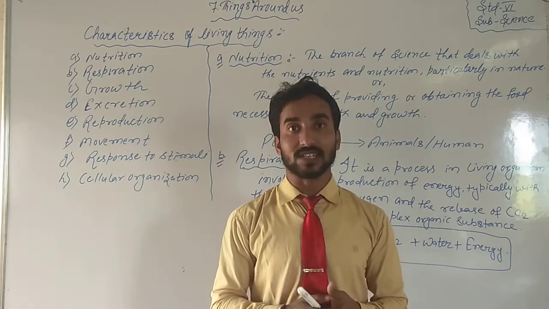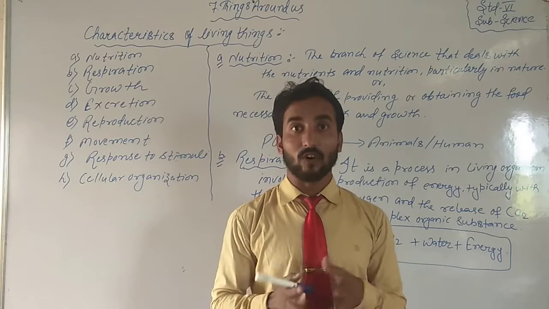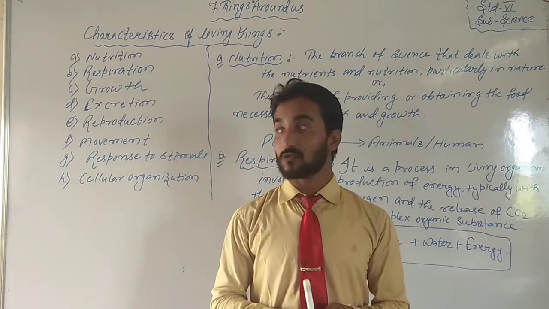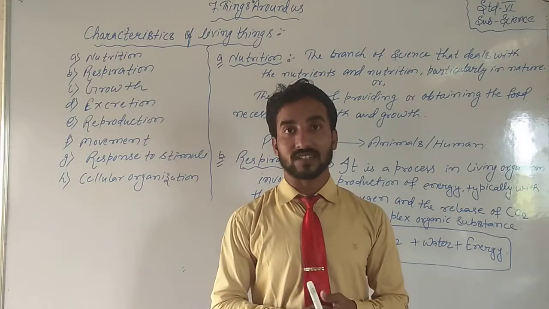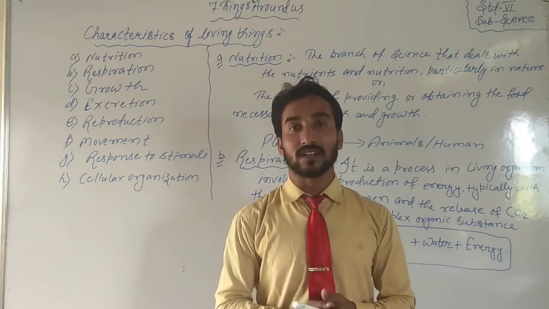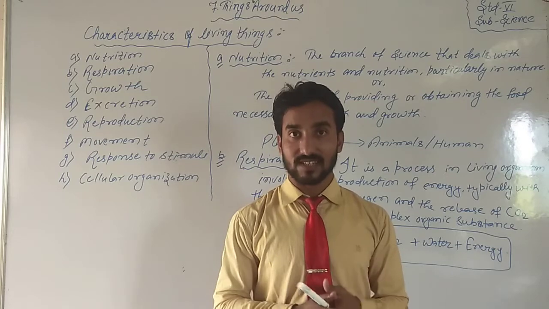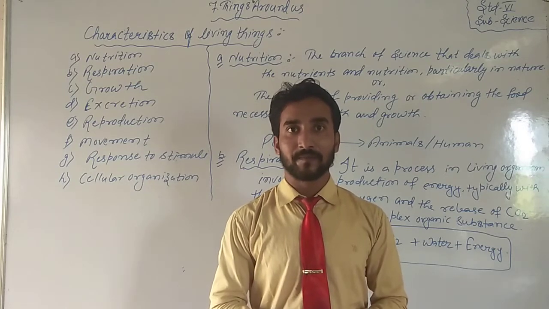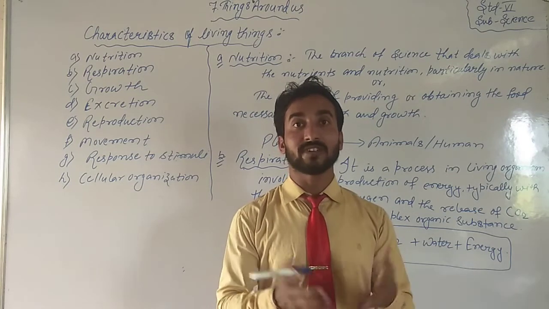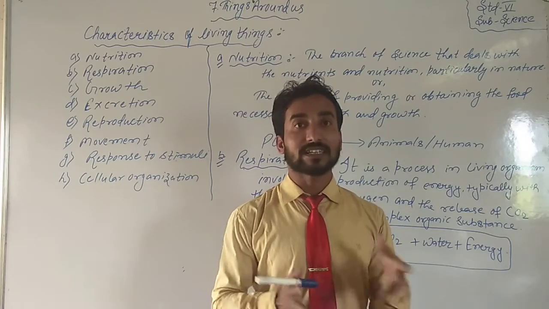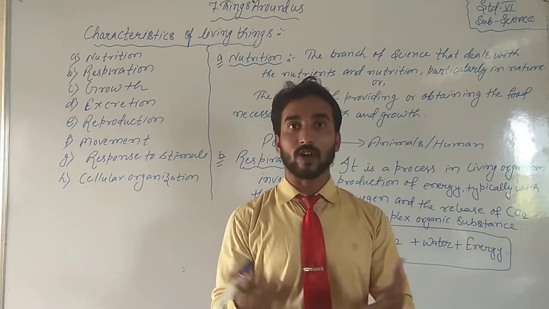Suppose we are taking oxygen, air, that we are also feeling. Suppose it is very hot weather and a sudden wind starts blowing. After that, we feel very fresh. We feel comfortable. We feel free from sweating. What is this? Air. Air we cannot see.